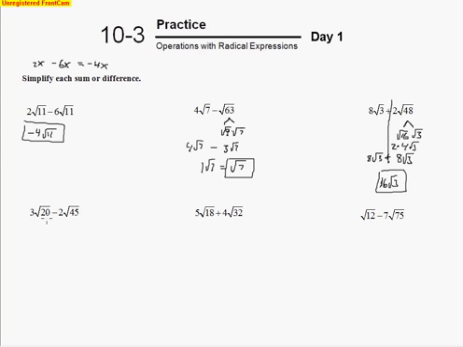On this problem, we can't divide 20 into 45, but what we can do is break this down to perfect squares to see if there is a common radicand or a common factor between these terms. And so I have 4 times 5, and again, what I'm trying to do is take out a perfect square. I saw 4 is the perfect square in 20. Over here I see 9 is the perfect square in 45, and that leaves us with 5.